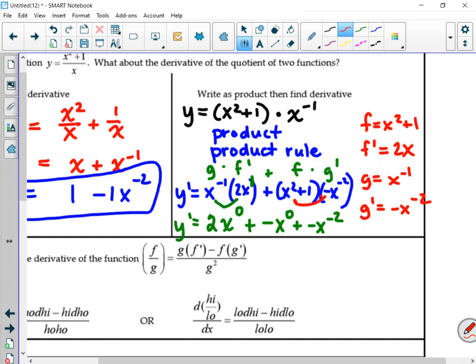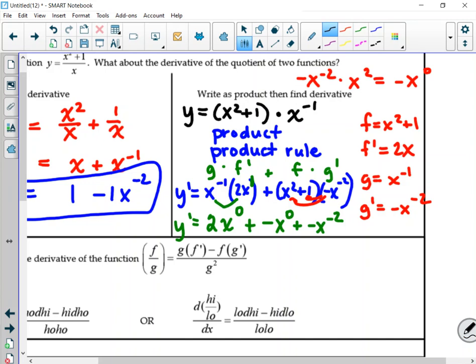Whew. How do you get negative x to 0? I took negative x to the negative 2 times x squared. So that's negative 1 x to 0. Don't worry if you're really miserable doing this one, because in a minute quotient rule is going to save you.